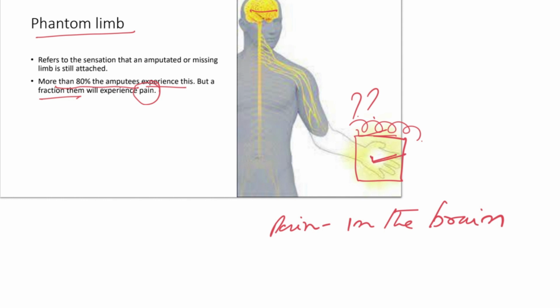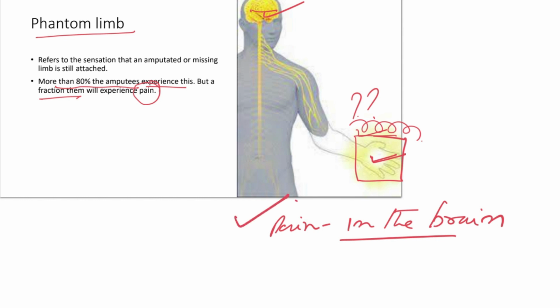If damage is done, that damage is communicated to the brain and pain is felt in the brain. That is the reason in anesthesia, when they are making a surgery, they give the anesthesia to the hand, so the communication of the cutting is not going to the brain, because of which the brain does not generate the pain. So basically pain is in the brain. That is the point I am making.